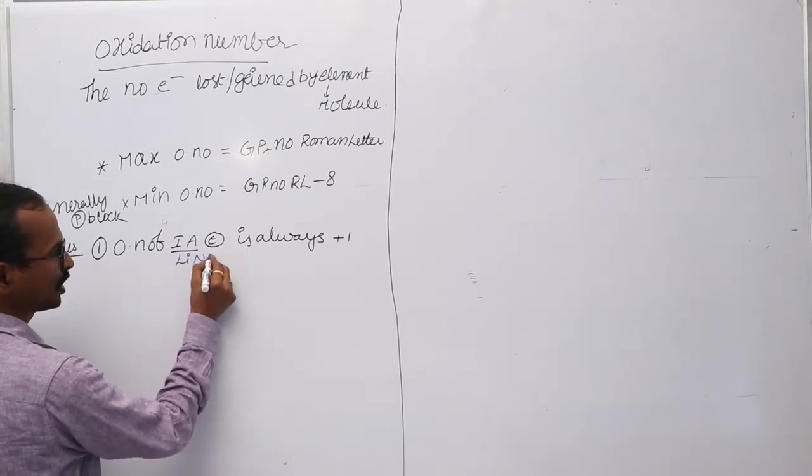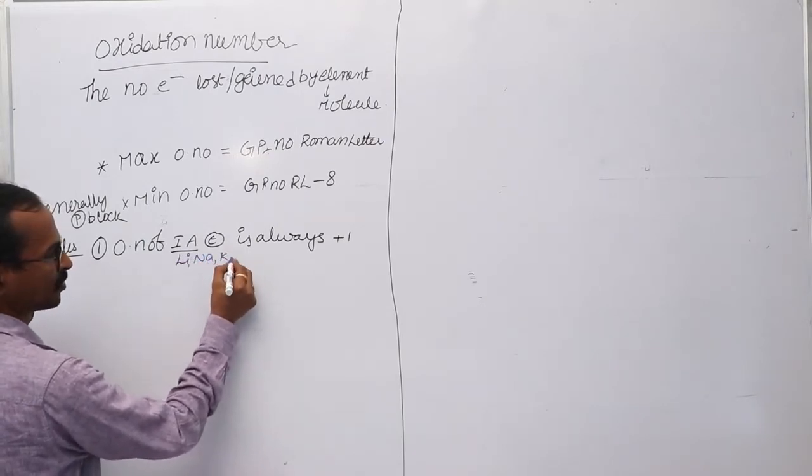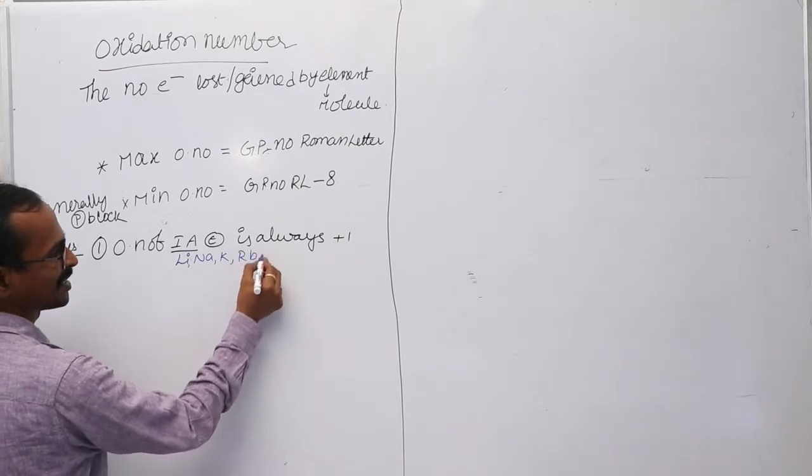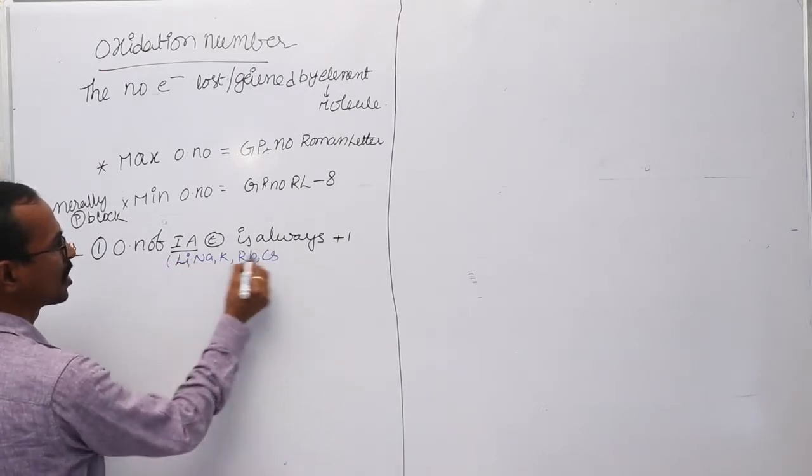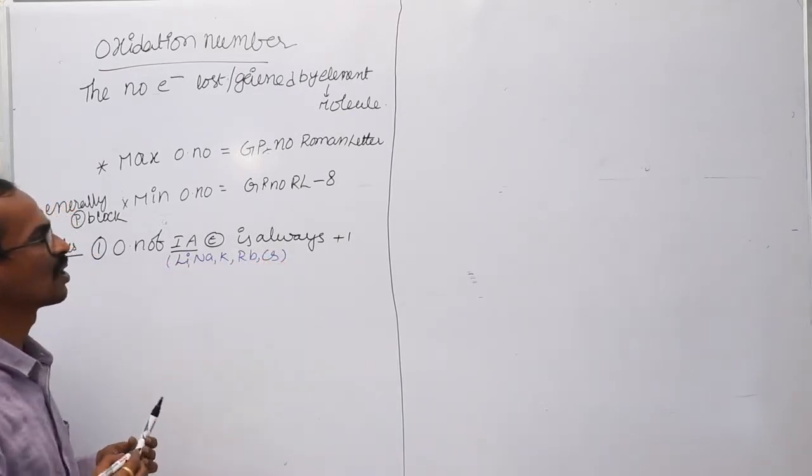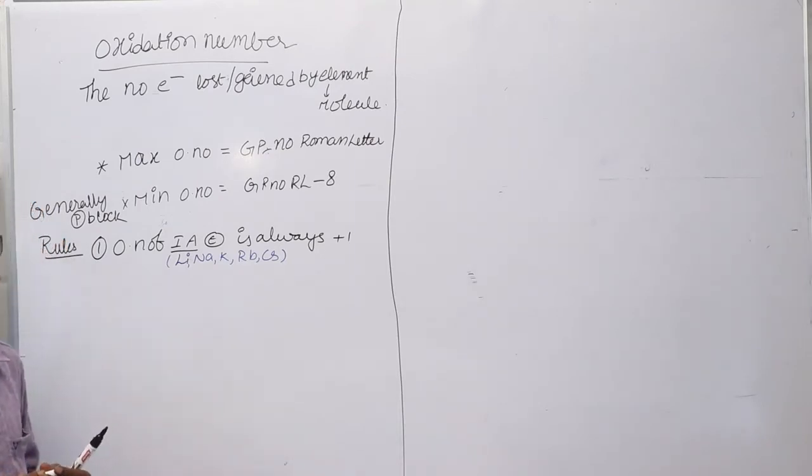Lithium, sodium, potassium, rubidium, cesium. For these elements, the oxidation number is always equal to +1.